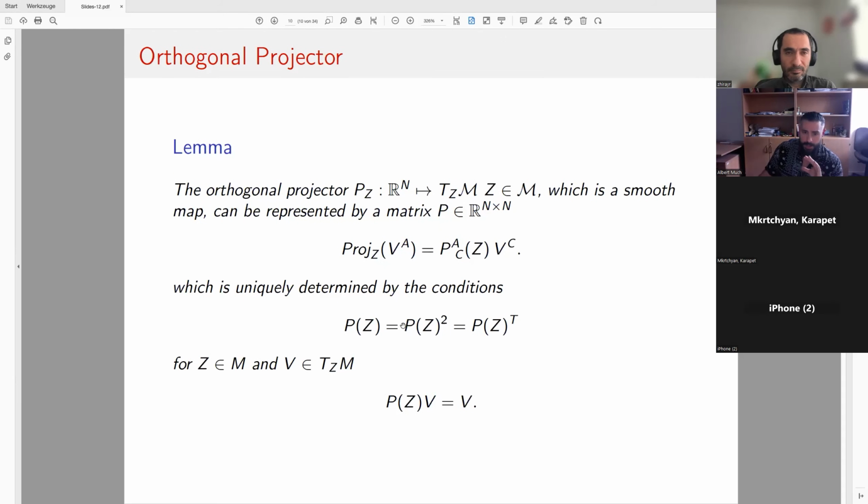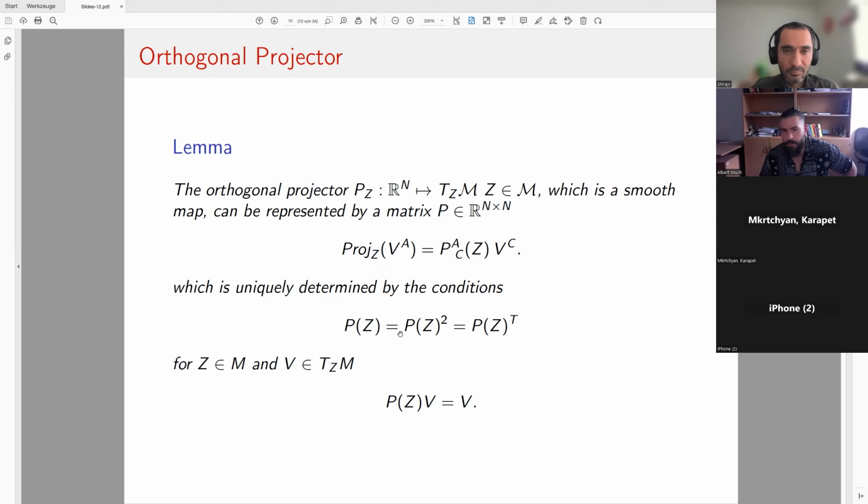Okay, we have to introduce a small thing here, which is called an orthogonal projector. This orthogonal projector basically takes a vector in Rn and projects it to the tangent space with regard to some point of the manifold. So it can be represented by an Rn cross Rn matrix that is symmetric.